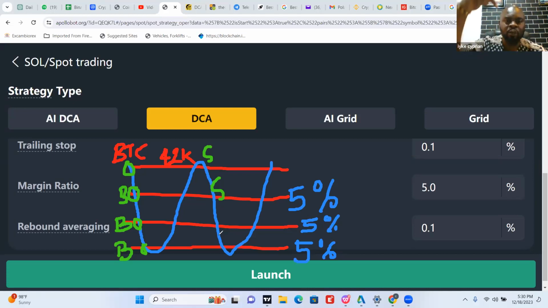Remember that your robot is buying low, and when it buys low, it's going to sell high. So when the market comes up, it will sell. When BTC jumps from $41,000 to $44,000, your overall assets will appreciate. You're going to see your assets jumping back from 1,500 probably to 2,500. Now remember you started with 2,000, and now you see your overall asset as 2,500.